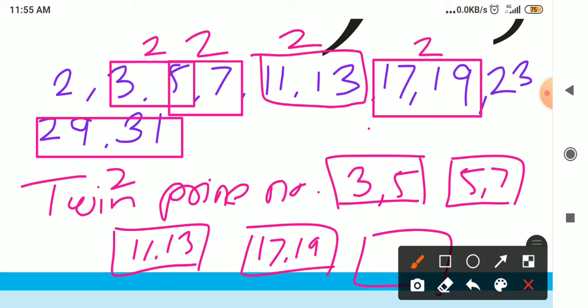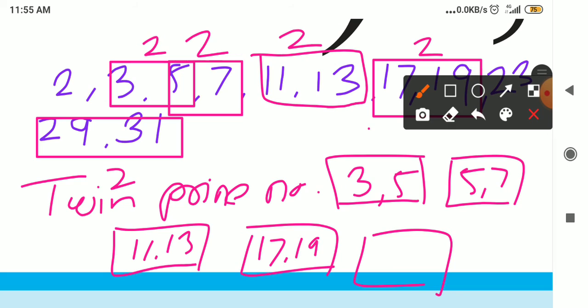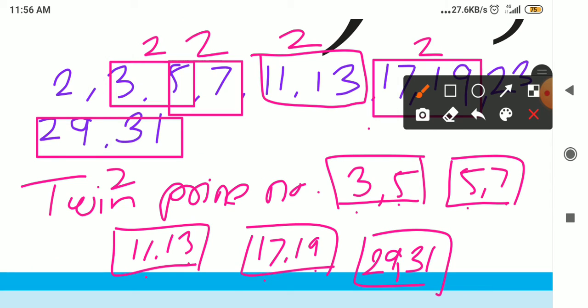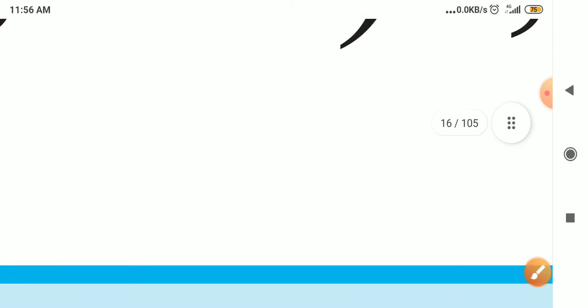The last pair is 29, 31. So if you see here, 5 minus 3 is 2, 7 minus 5 is 2, 13 minus 11 is 2, 19 minus 17 is 2, and 31 minus 29 also has a difference of 2. So these numbers are called twin prime numbers. Is this concept clear to you? Okay, now note down all this.